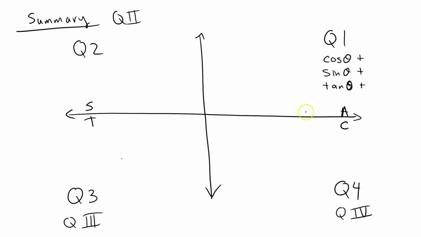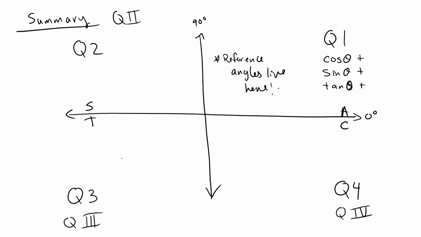And Q1 is between 0 and 90, this is 0 degrees, this is where all the reference angles live. They live here.